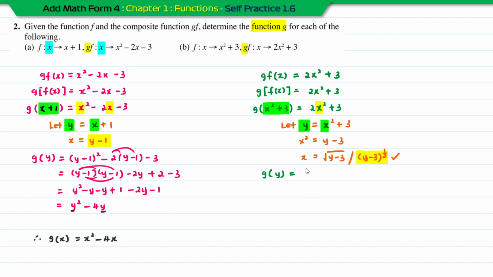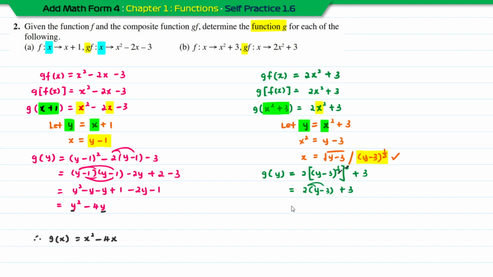So next you have 2, and then the bracket (y minus 3) with the power of 1 over 2, and don't forget we have a square here. So 2x squared plus 3. For the power parts, we have 1 over 2 times 2, so we can simplify it. Next you're going to have 2 bracket y minus 3, plus 3.